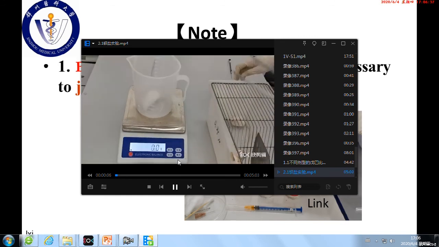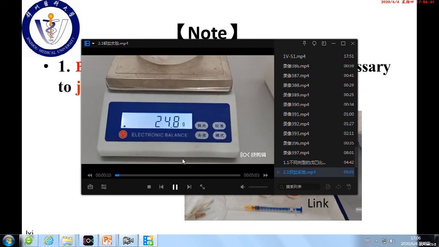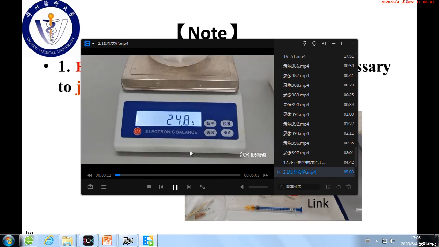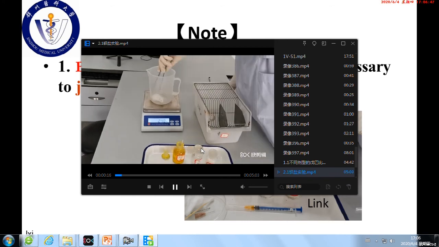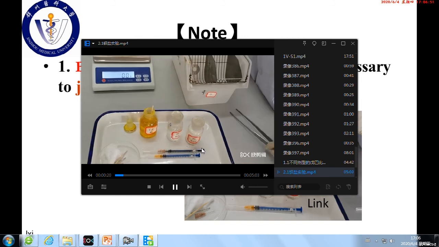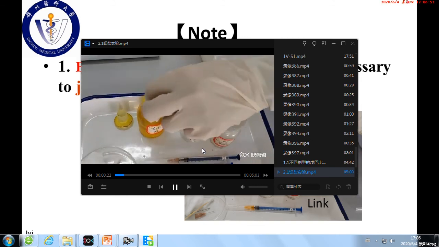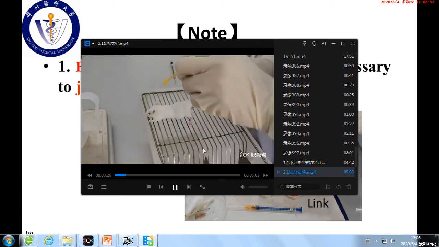Take two mice and observe their behaviors. Weigh their body weight. This one can be considered as 25 grams. Mark it.